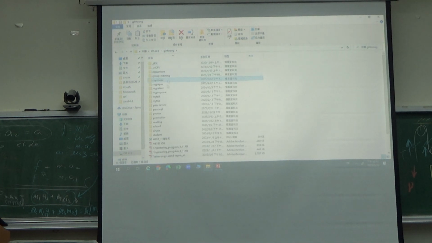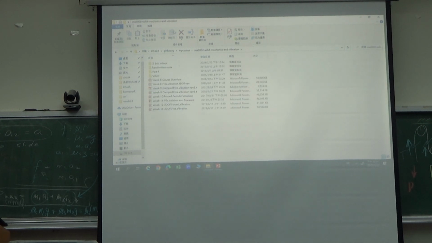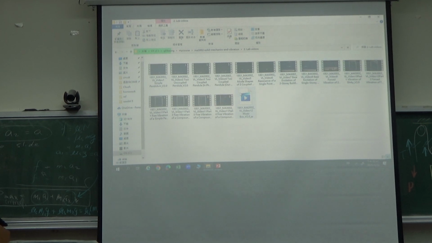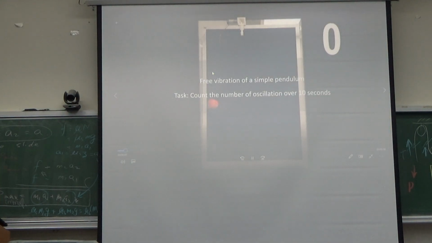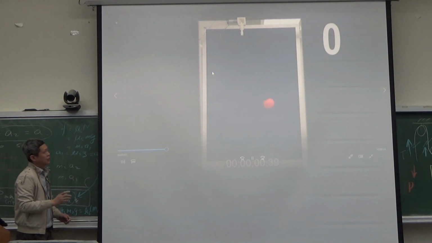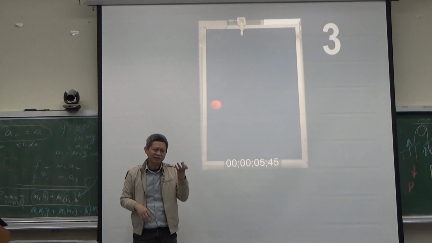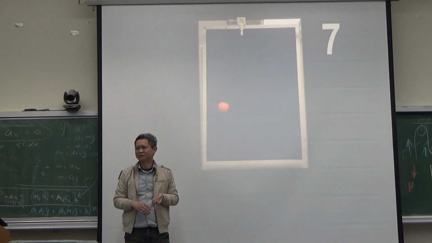Let's look at this apple. This is not a spring, but imagine you have a very light spring or a very light string supporting an apple.